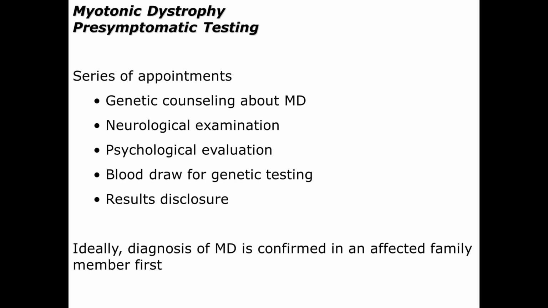If somebody is at risk to have myotonic dystrophy, we would recommend that they get their heart checked by their doctor once a year, that they get their glucose checked once a year. And as long as everything is looking good, there's no reason to move forward with genetic testing. As long as you're getting those things checked out, you would hopefully detect any major problems that could arise.